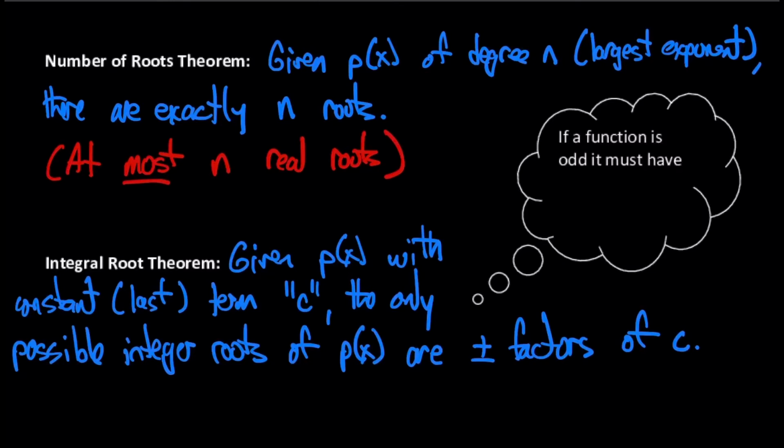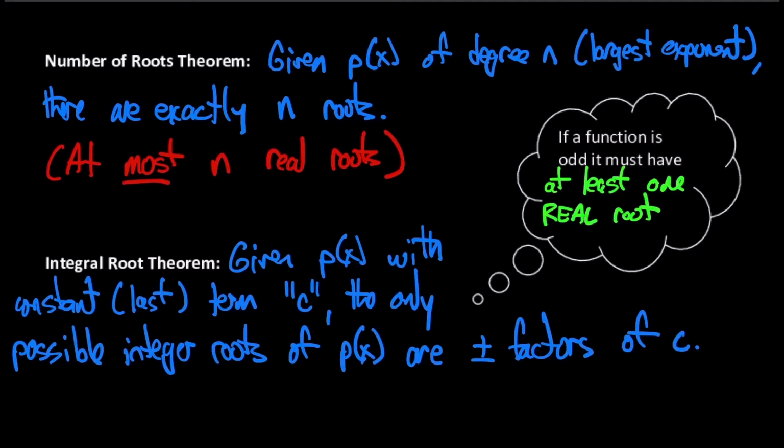The other thing here, it's kind of interesting, and that's why I put in this thought bubble. If a function is odd, it must have, and this actually relates more to that theorem than this one down here, at least one real root.